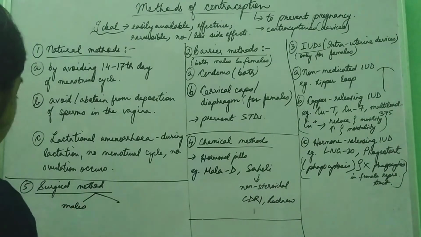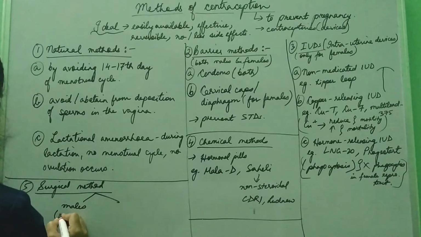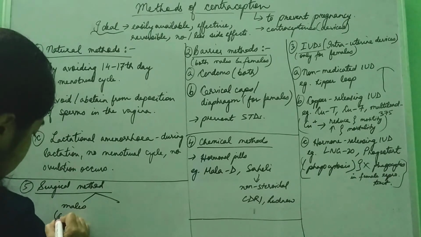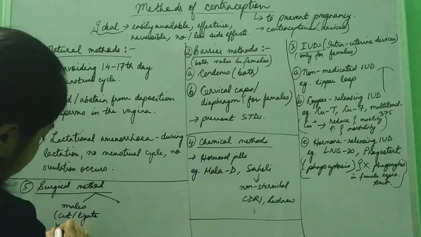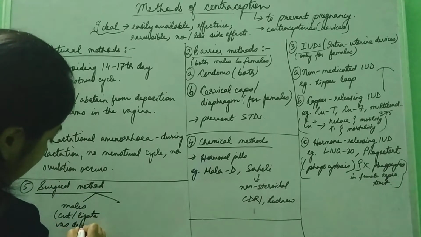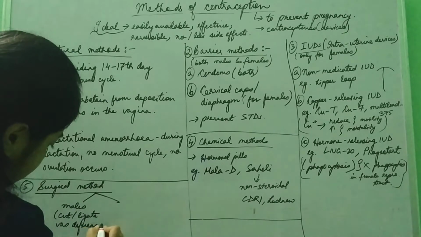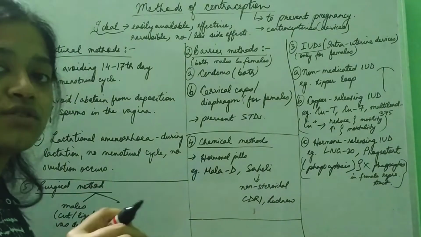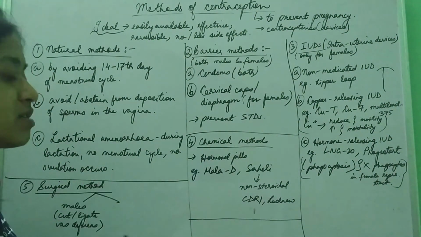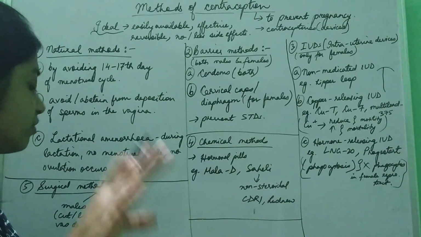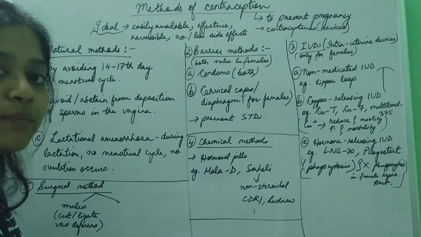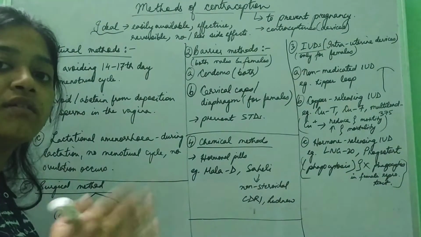In case of males, cut or ligate vas deferens. Now why do we say ligate? Because it is just tied, so that if the person later wants to make the vas deferens normal, and does not want to prevent pregnancy, then again that can be reversed.